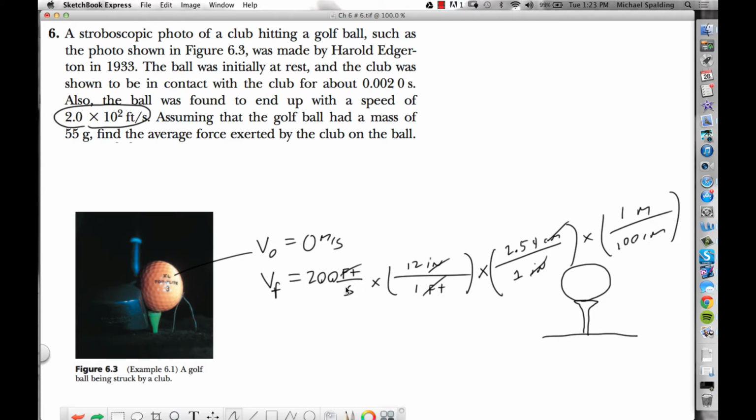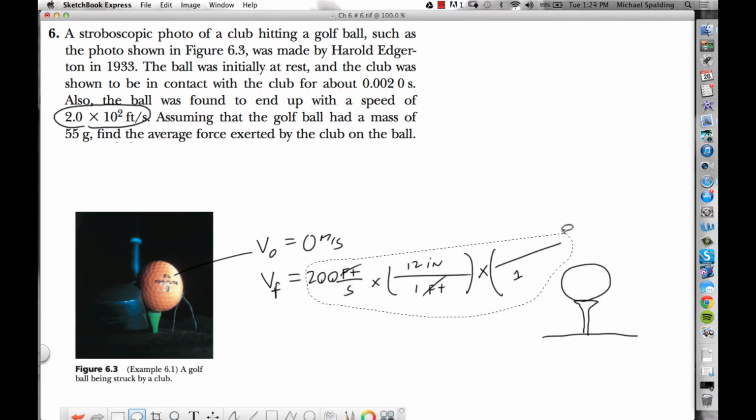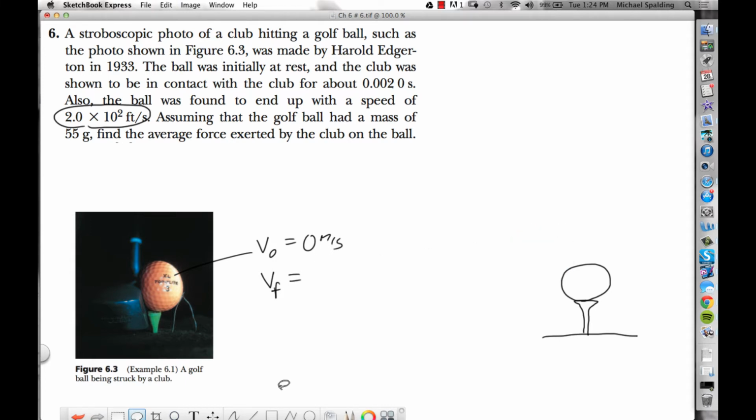Okay, so when you punch that all into your calculator, let's see. The 200 feet per second is equivalent to 121.92 meters per second.